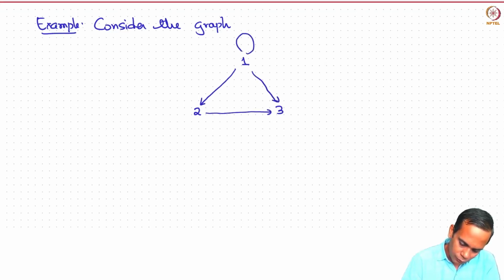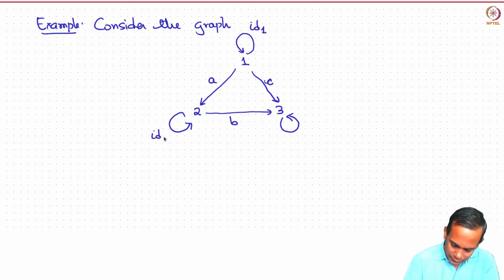And we have an arrow from 1 to 1, an arrow from 2 to 2, and an arrow from 3 to 3. So here I will call this arrow A, I'll call this arrow B, I'll call this arrow C, I'll call these identity 1, identity 2, and identity 3.